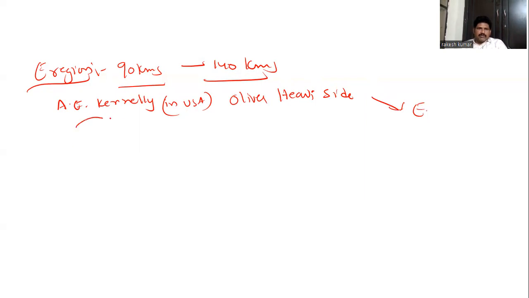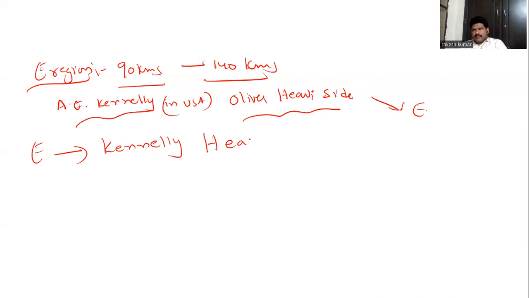Hence, from these two scientists' names, the E region is also called the Kennelly-Heaviside region.